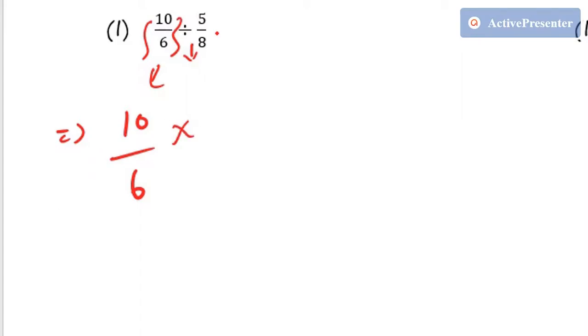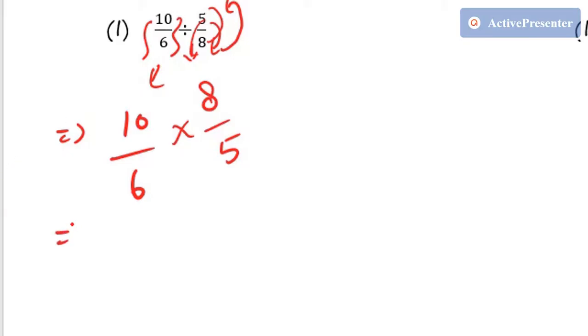And now make the denominator the numerator and the numerator the denominator, just the opposite. Here it is 5 by 8 in the given question, and we are making it 8 by 5.